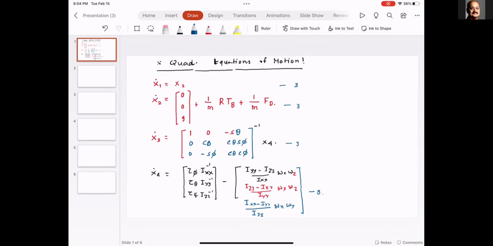However, I want you to carefully look at this equation. Now, this equation is written in the inertial frame. Remember inertial frame? So basically you have this flat earth and then you have north, east, down, and then we have this quadcopter.